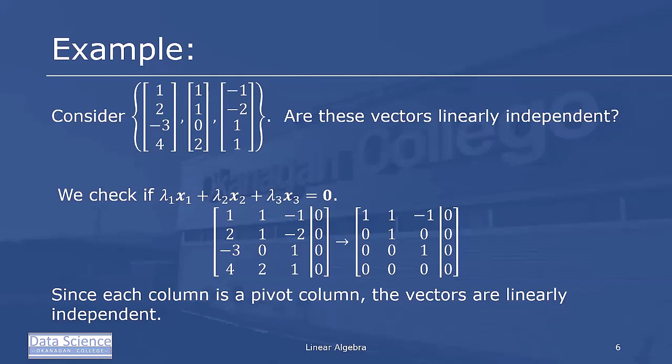So we put these vectors in the augmented matrix, reduce it, and come up with 1, 1, negative 1, 0; 0, 1, 0, 0; 0, 0, 1, 0; 0, 0, 0, 0. Now each of these columns is a pivot column, which means the vectors are linearly independent.